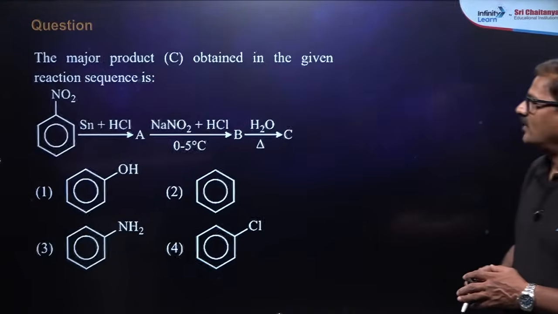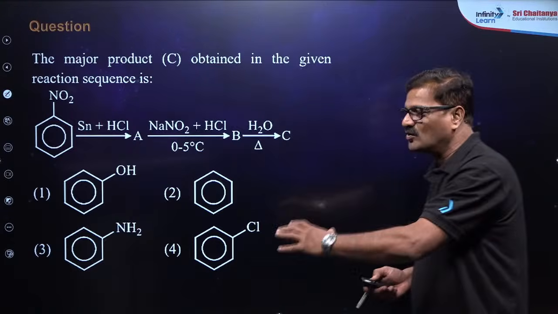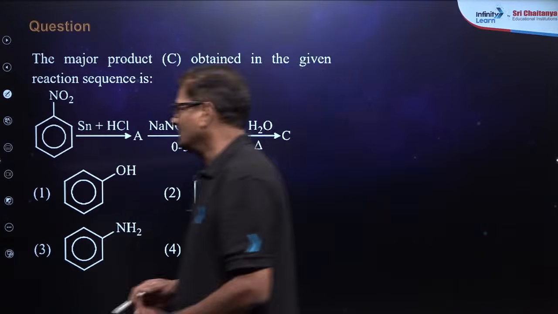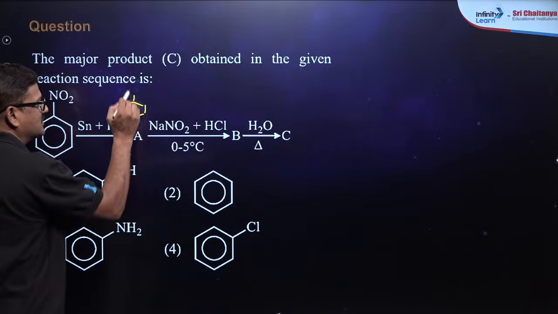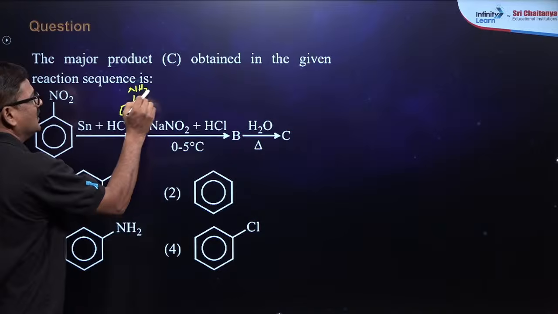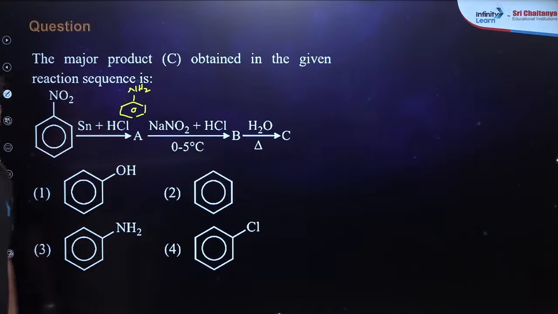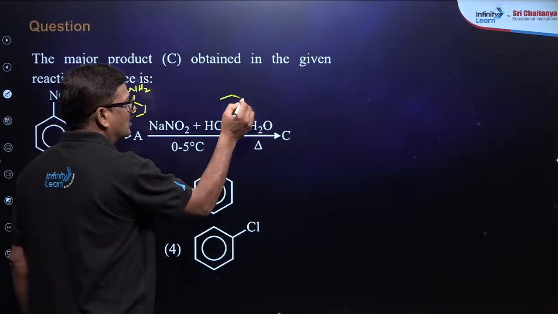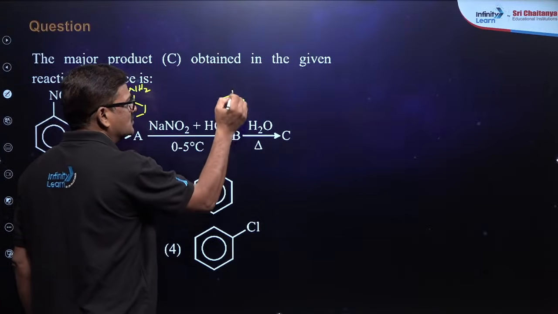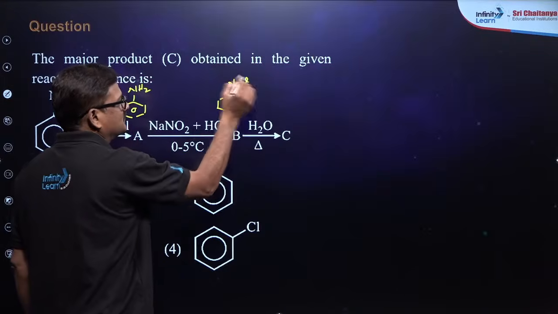And moving ahead, this is again a route mapping question, children. Nitrobenzene is reduced to get aniline, with Sn/HCl. Then NaNO2 and HCl, you are going to get benzene diazonium chloride, N2Cl.